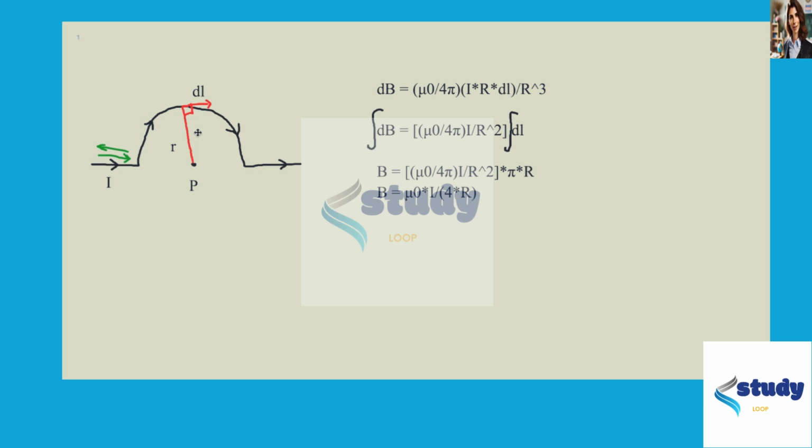So if we point our thumb in the direction of the current here, along the outer edge of the circle, notice that no matter where on the circle we are, our thumb is going to be pointing to the right like this up here. Our fingers are going to curl into the page at point P. So regardless of where on the circle, this is all contributing magnetic field pointing into the page, and this is going to be the magnitude.